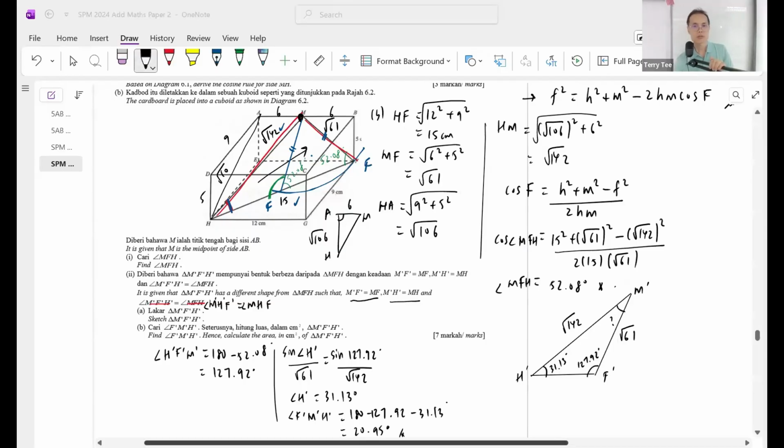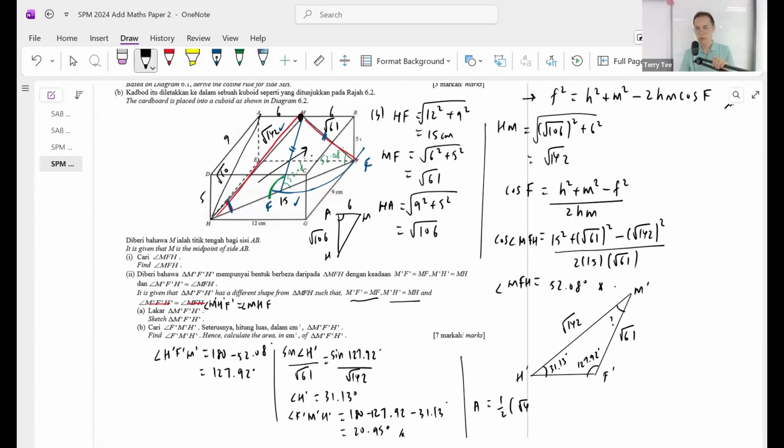Okay. So once you got this 20.95, we can use the formula for area. Guys, area of triangle is half AB sine C, right? Your AB is square root 142 and square root 61.